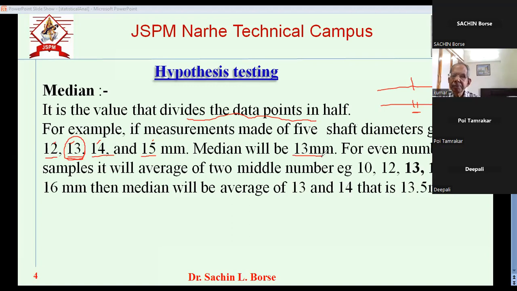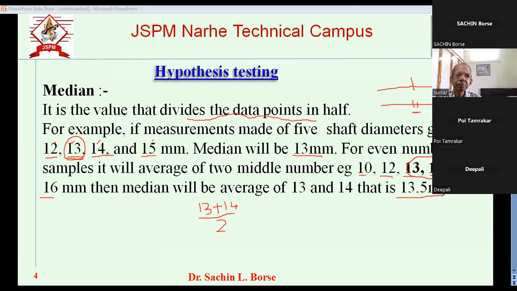The median will be 13. Now we'll see a case where there are 6 readings: 1, 2, 3, 4, 5, and 6. In case of even numbers, we have to pick the two middle numbers and then find the average of them. Average means mean. So 13 plus 14, you divide by 2. That will be your median, 13.5.